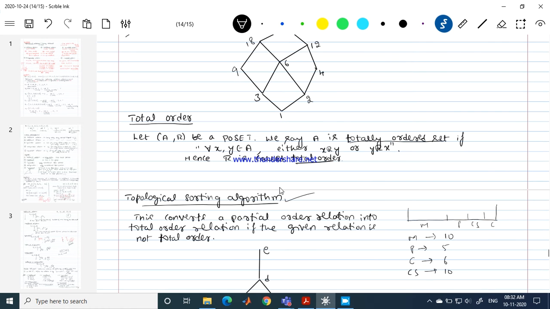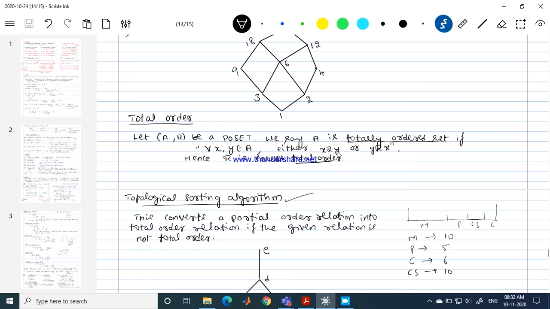Afterwards we defined the total order relation. What is a total order? If we have a poset, that set A is called the partially ordered set, as the relation R defined on set A is a partial order relation. Further, if we can show that there is a relation between every pair of elements, then definitely x comma y and y comma x are not both present in my relation, because R is antisymmetric.